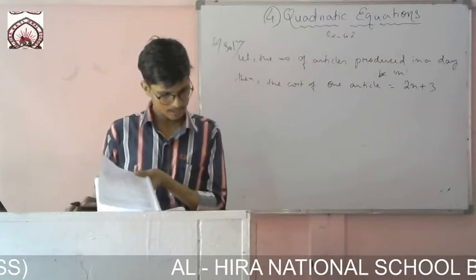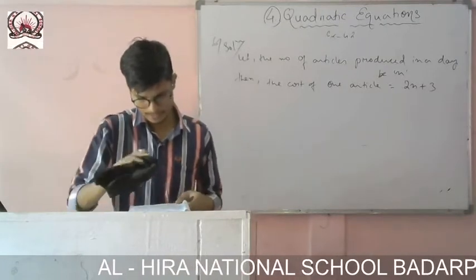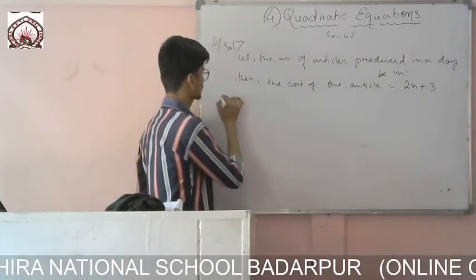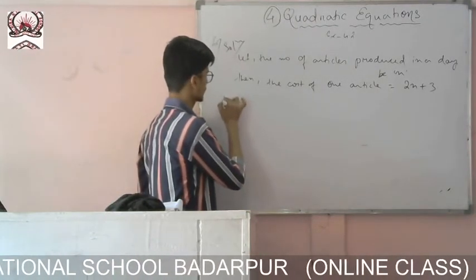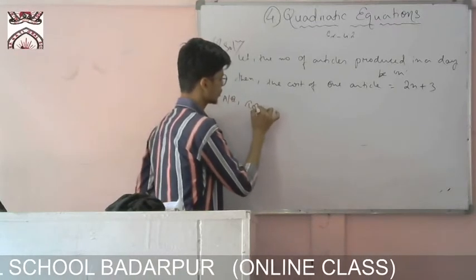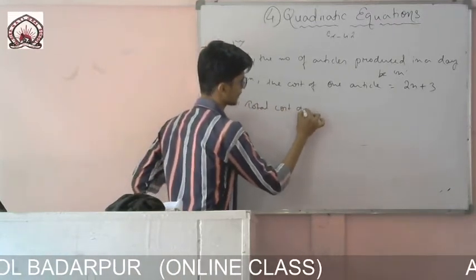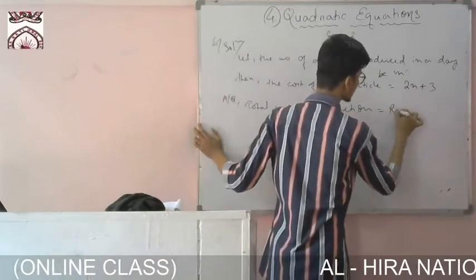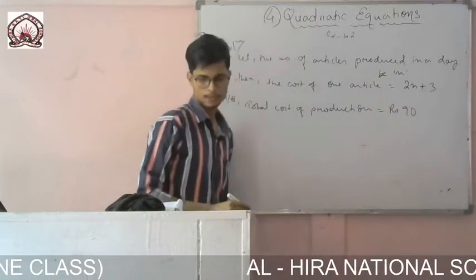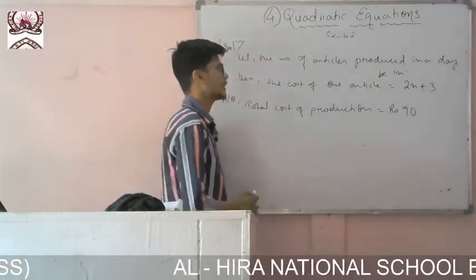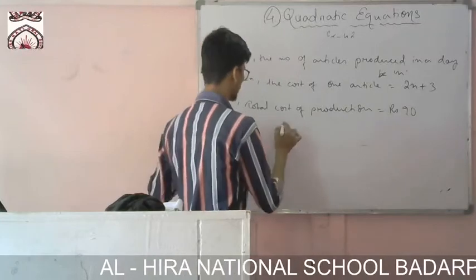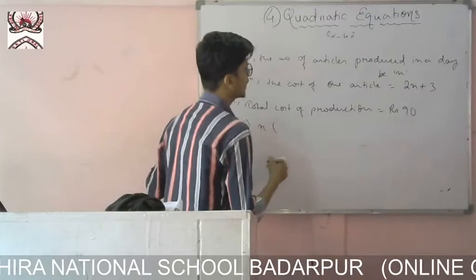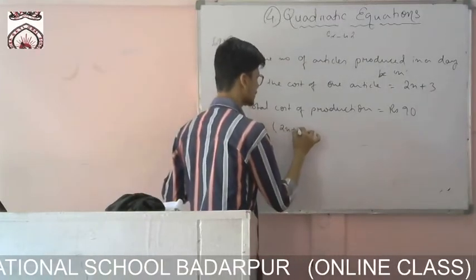Now it is given that the total cost of production is rupees 90. According to the question, the total cost of production is rupees 90. And how do we find the total cost of production? It is the number of articles produced, x, into the cost of production of each article.